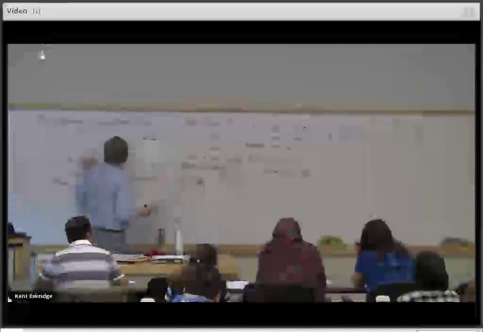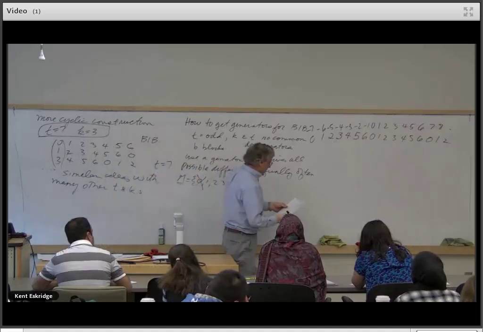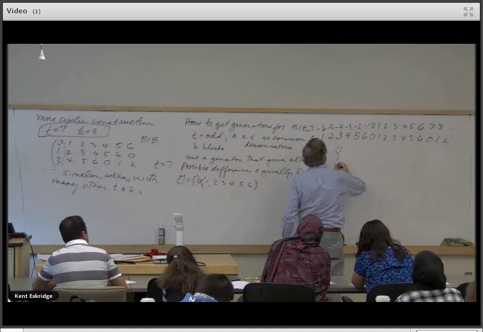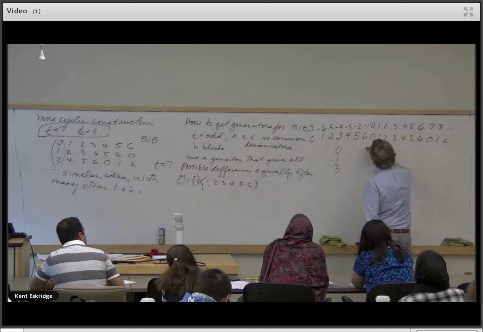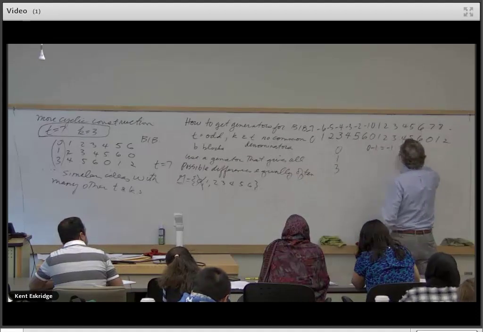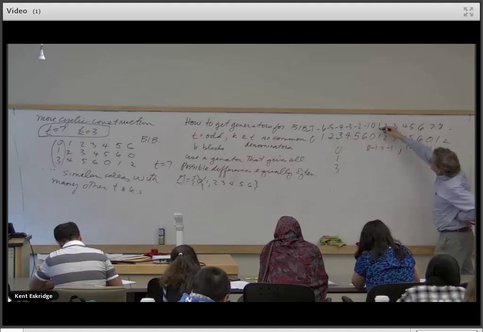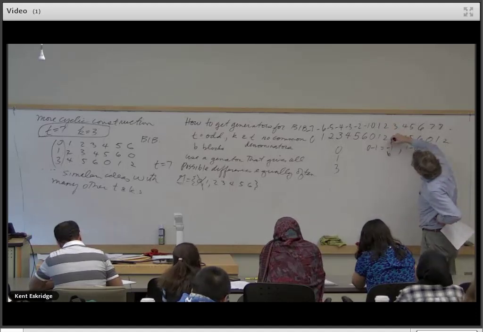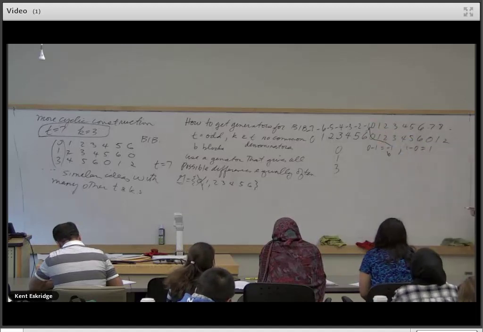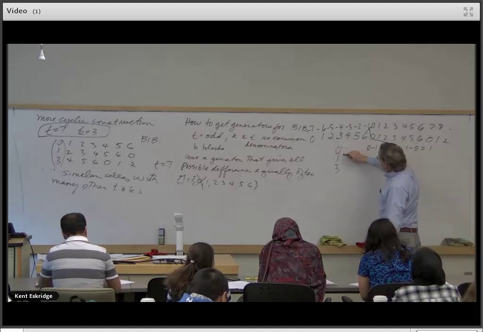Okay. Now, why do I need to do that? Because I'm going to take all possible differences of my generator here. Okay. So let's take my generator 0, 1, 3. Now let's take all my differences. I can take 0 minus 1, which is minus 1. I take 1 minus 0, that's equal to 1. So minus 1, what is minus 1 here? I got a 6. So if I go up here, minus 1 maps to 6, right? Okay. How about 0 and 3?